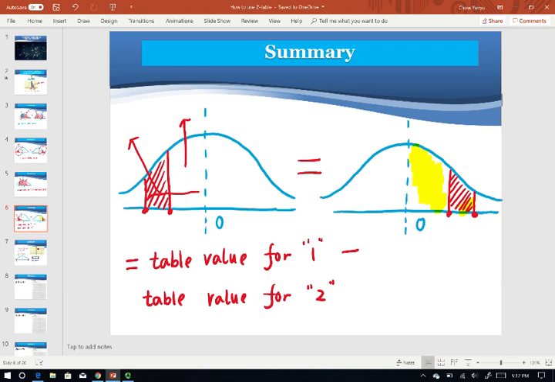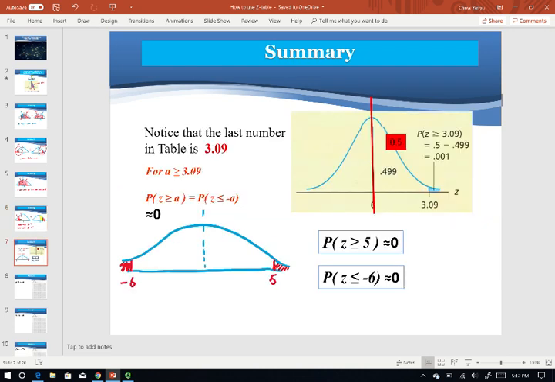Now, you may notice the biggest number in the z-table is 3.09. So anything higher than that number is an outlier. For example, higher than 5 is a very little area, and we can't find that z-score in the z-table. So you can either use 3.09 instead, or say this small area is almost 0.